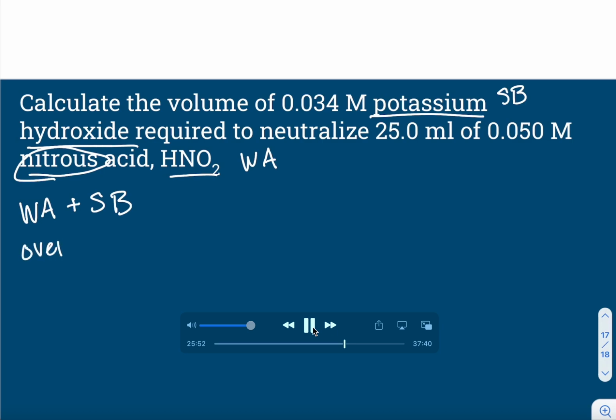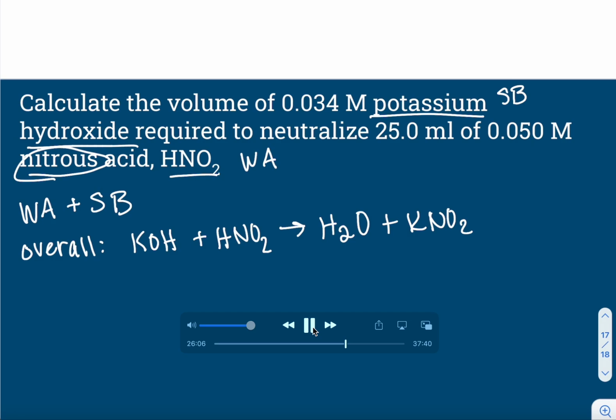The overall reaction is going to be KOH plus HNO2 gives us H2O plus KNO2. But a weak acid does not fully dissociate in water, so when we go to write the net ionic, we do not break it up. We can still break up KOH, right?